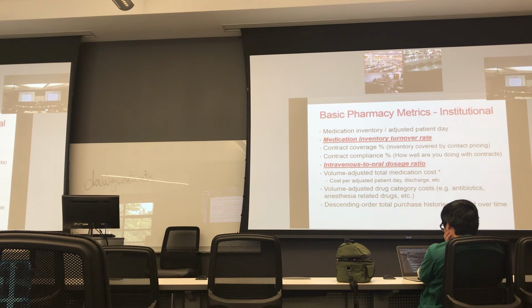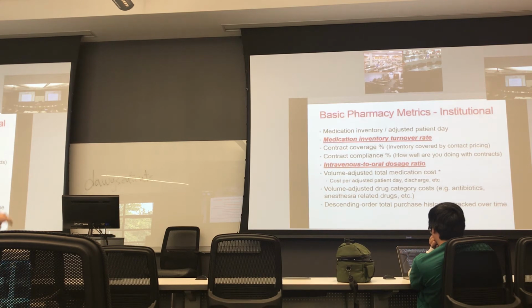Intravenous to oral drug ratio. That's a big one in institutional practice, is how much are you giving IV and how much are you giving PO. Which do you want to decrease? If you can give the same drug, which way would you want to give it in the hospital? PO, why is that? Pardon me?